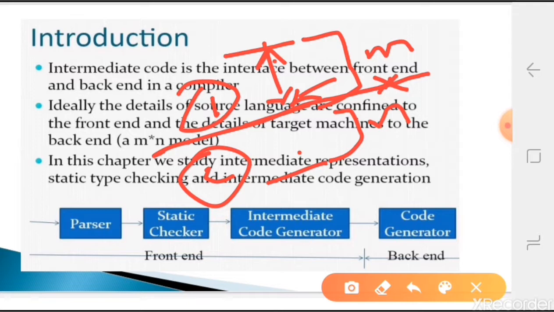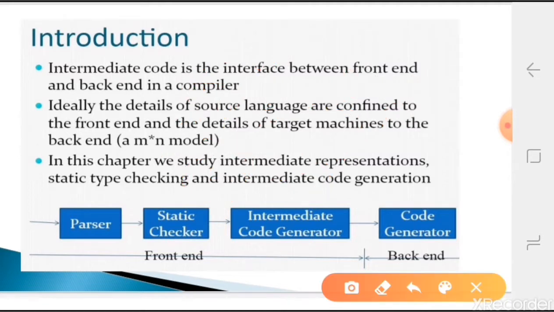That's why the actual compiler is divided into two parts, and the last phase of the first part is intermediate code generation. This intermediate code is not dependent on any language, and it's not dependent on any machine either. It's just an imaginary kind of thing.